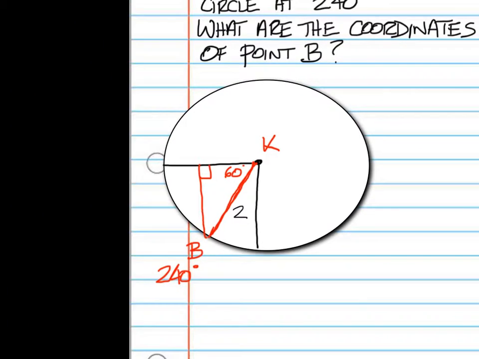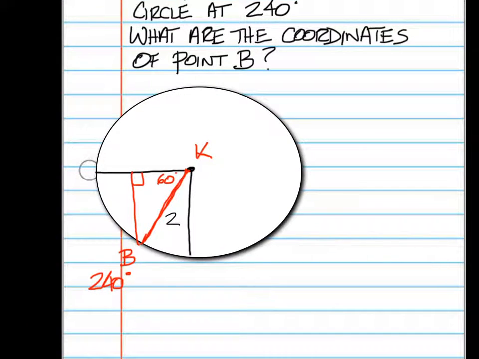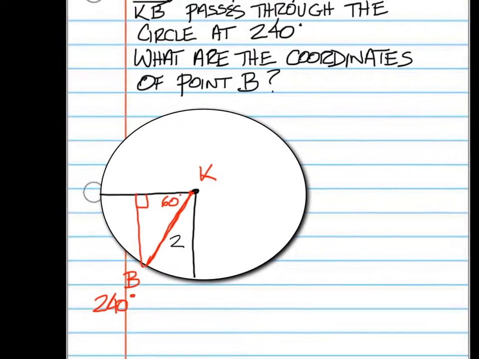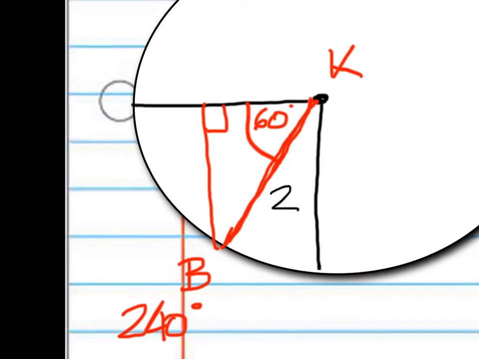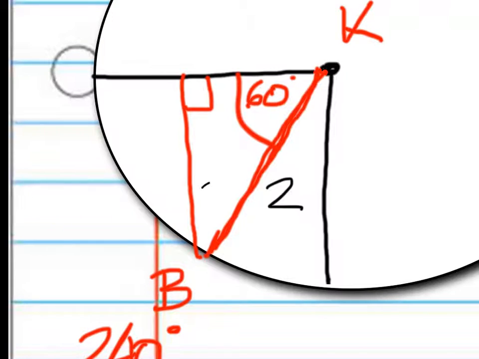And we have to figure out what the coordinates of point B are. And if we have a reference angle here at 240 of 60 degrees, we want the coordinates of B, which means we could fill in the rest of this triangle since it is a 30-60-90 triangle. The hypotenuse is 2.